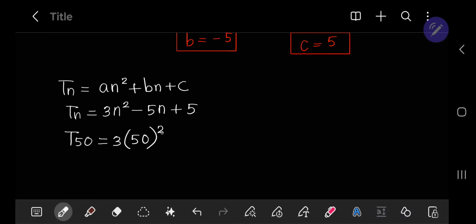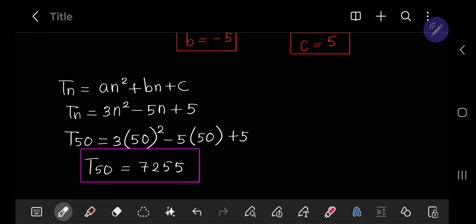That would be 3 into 50 squared minus 5 times 50 plus 5. So on the right hand side, that is going to equal to 7255. And that is what was required of you to calculate in this question.